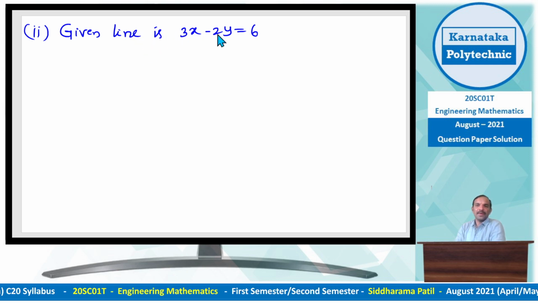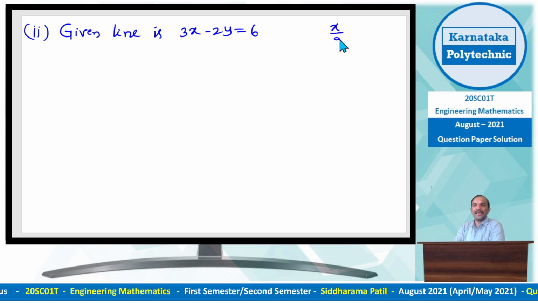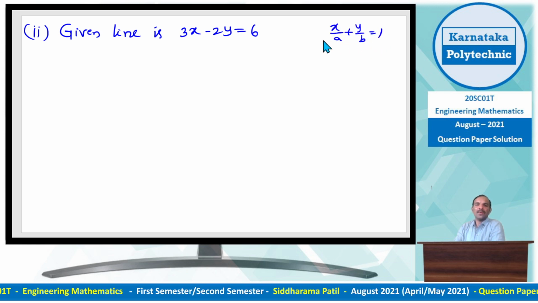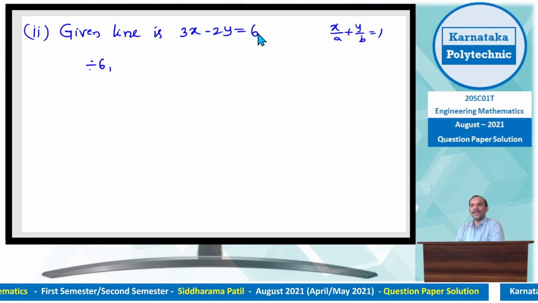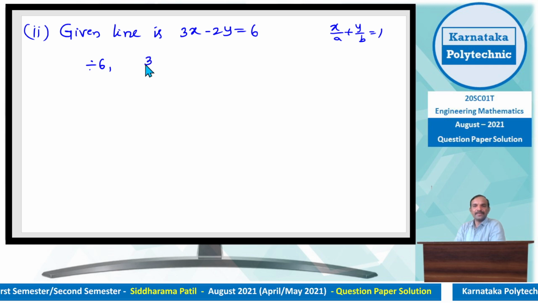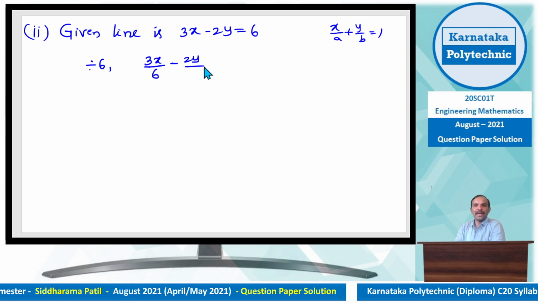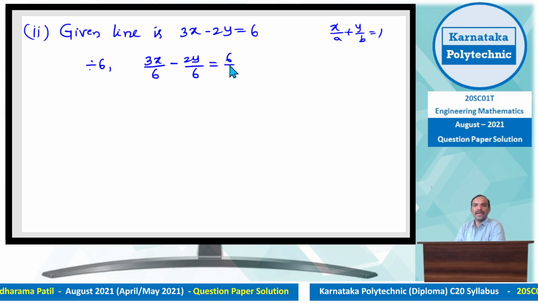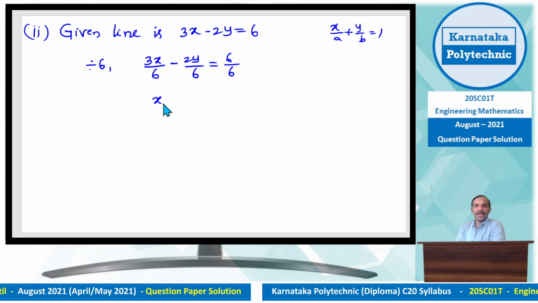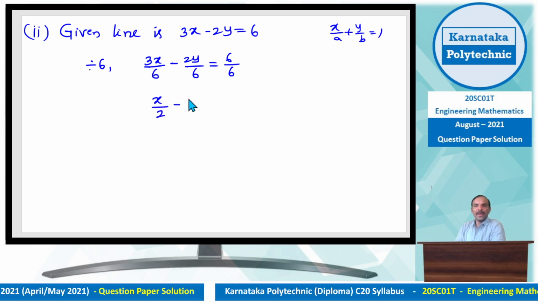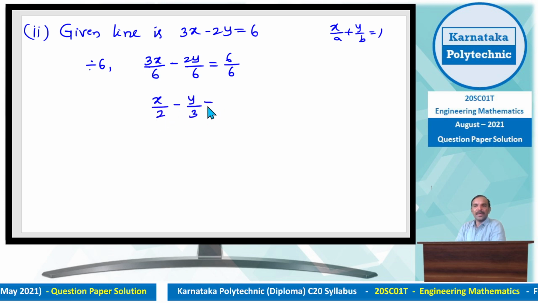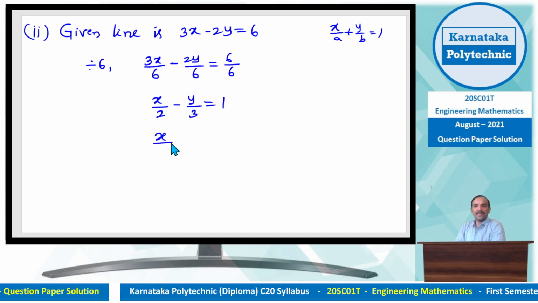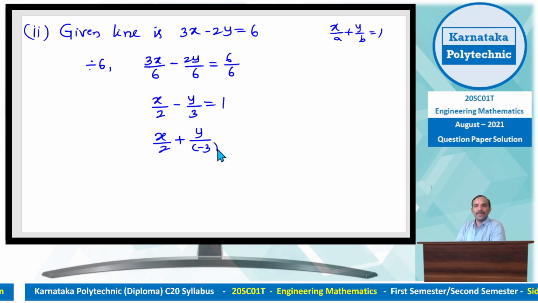First method, by using the standard formula x by a plus y by b equal to 1, that is, divide by 6 to get 1. So 3x by 6 minus 2y by 6 equal to 6 by 6. It becomes x by 2 minus y by 3 equal to 1. It is x by 2 plus y divided by minus 3 equal to 1.